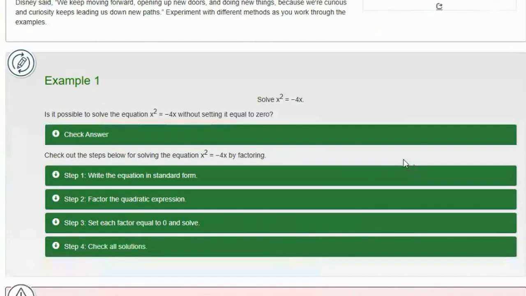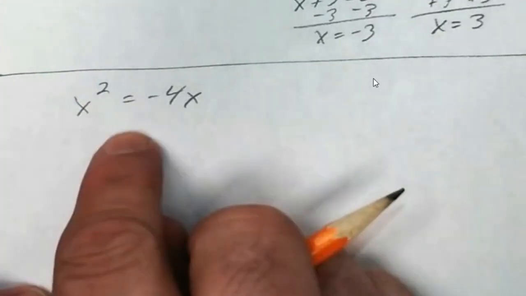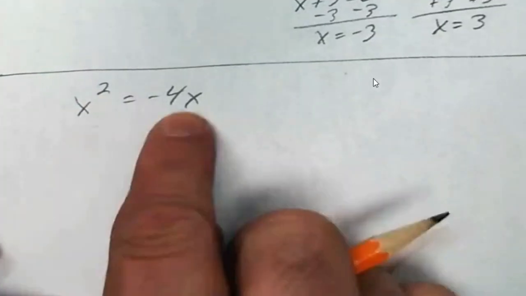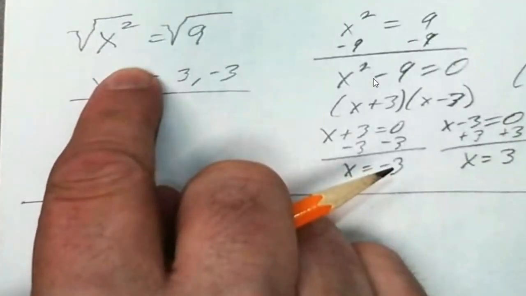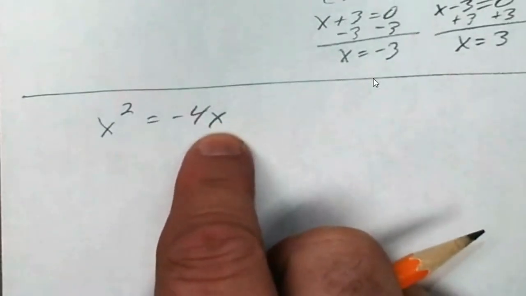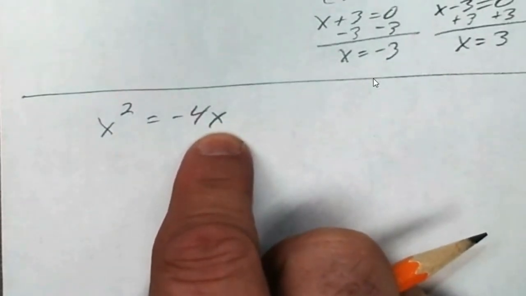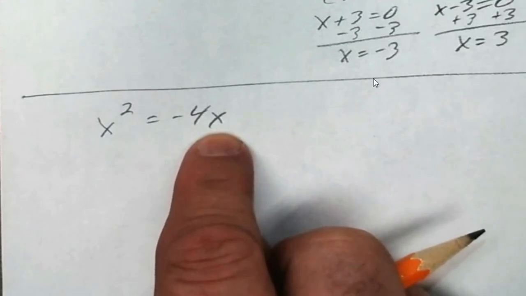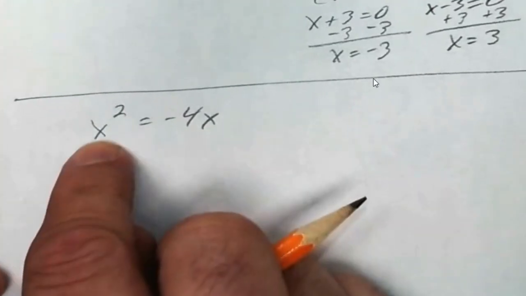So let's see. I'm going to have us another example here. x squared equals negative 4x. Let's write that one down. If we want to solve this, taking the square root doesn't really work, because we've got an x over here and we're going to end up with a square root of x. That's not going to get us very close to solving for x.